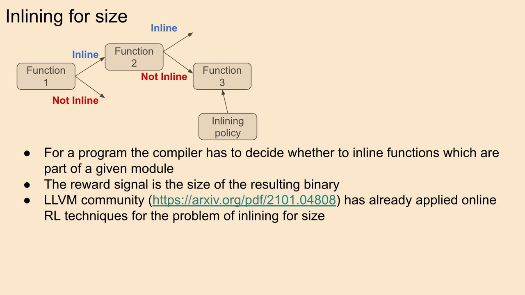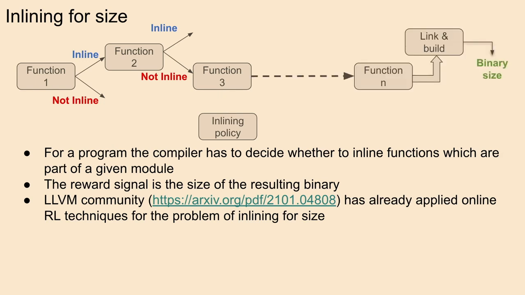Here it might decide not to inline, and then the process continues until all of the functions are exhausted and the program is compiled and we have a binary. We measure the binary size as a reward function or as reward signal for our RL algorithm. And then we do an update step of the RL algorithm, which is usually maybe some gradient descent step.